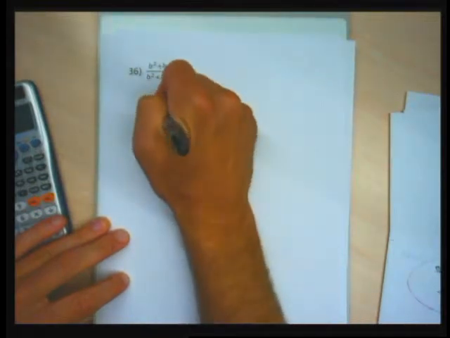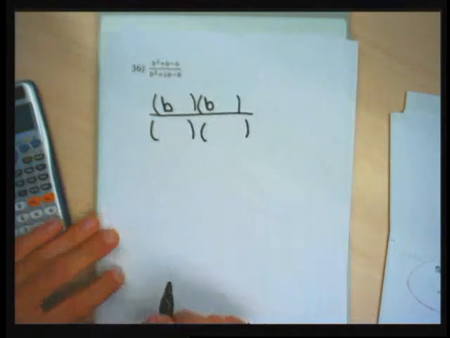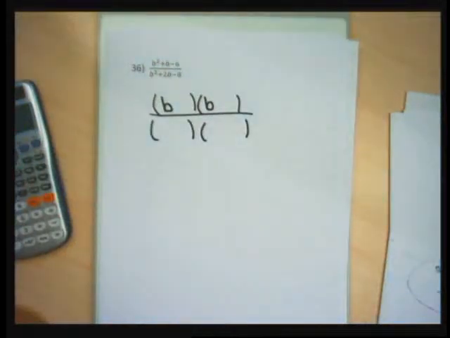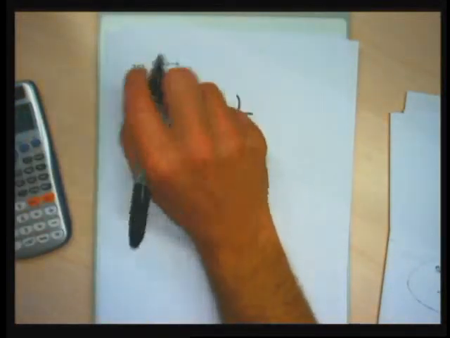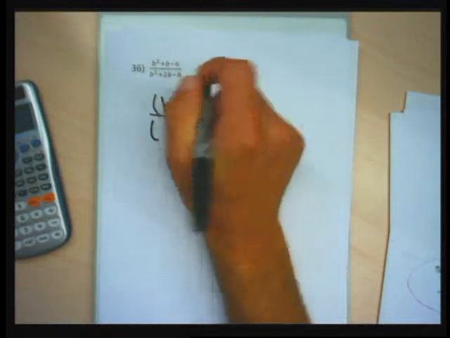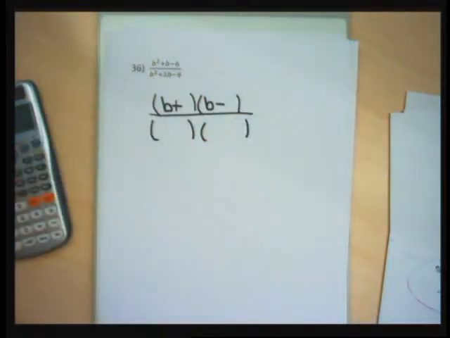The numerator: I know I have to have a couple of b's up front. My lasts have to multiply to negative 6 and add to be the number in front of the b, which is a 1. In my videos in section 2.1, I tell you that the signs have to be plus and minus.